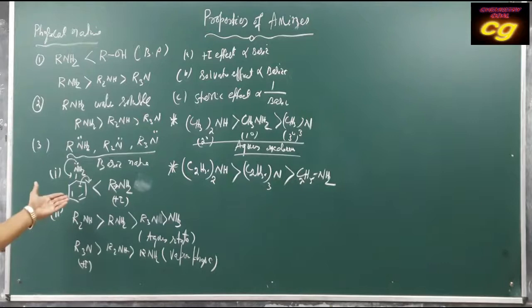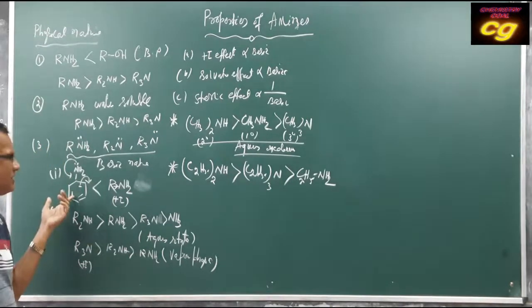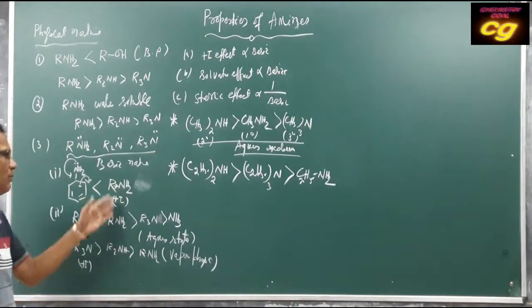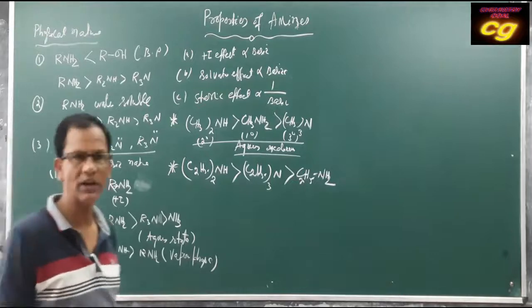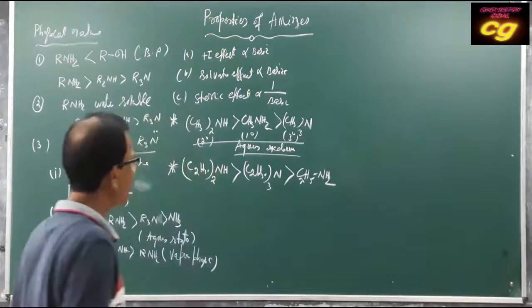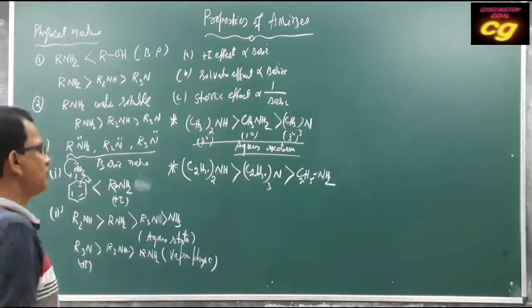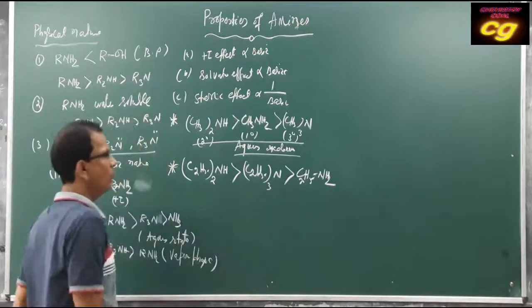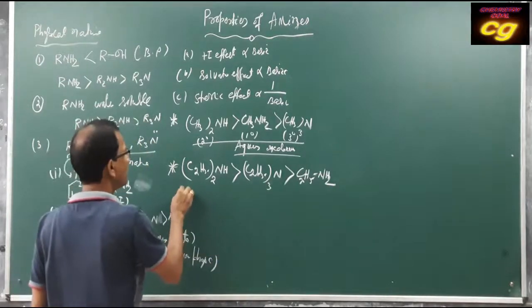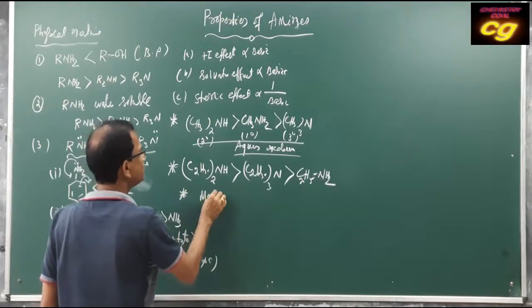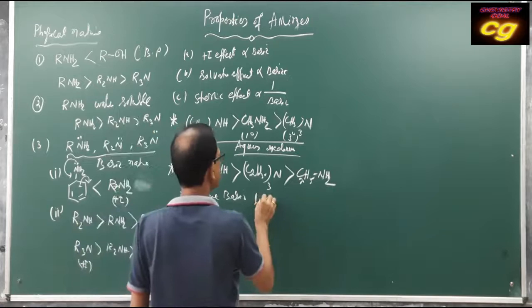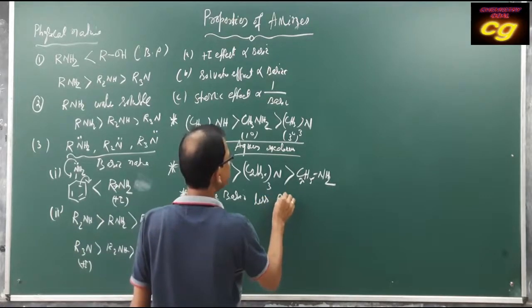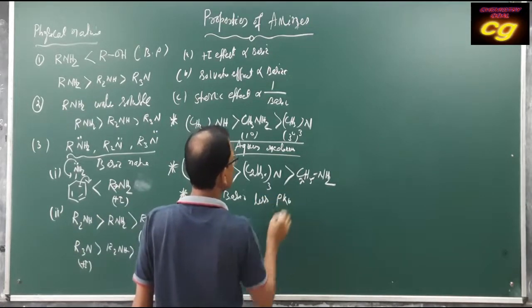Then already discussed that aromatic amine is less basic than aliphatic amines, because in case of aromatic amines, the resonance takes place, so electron density on nitrogen decreases. More basic character means more Kb but less pKb.